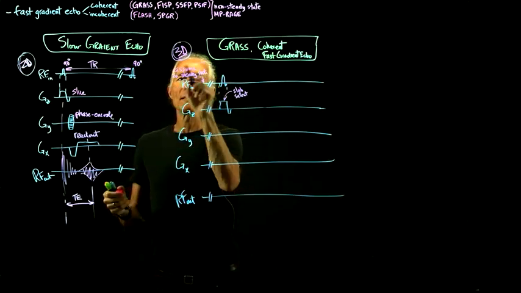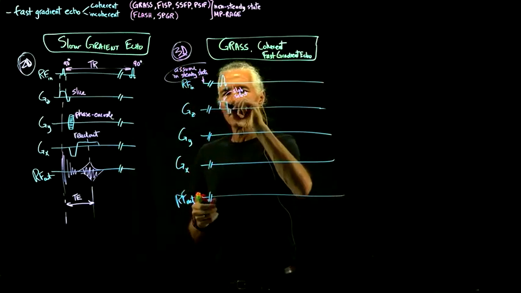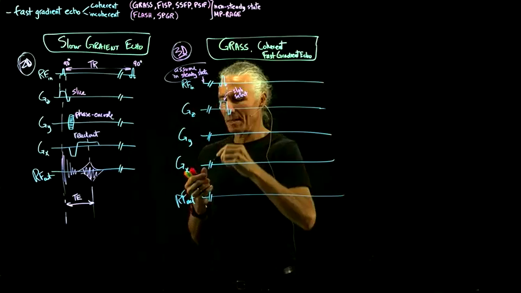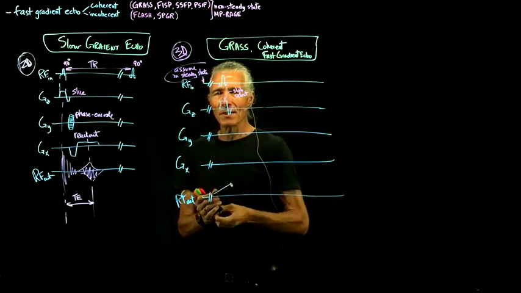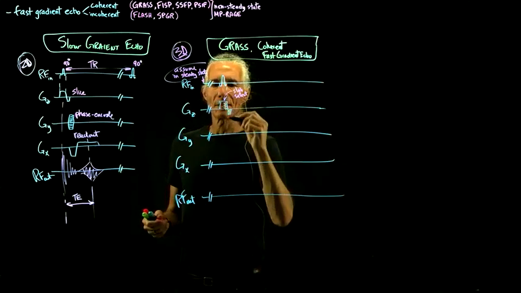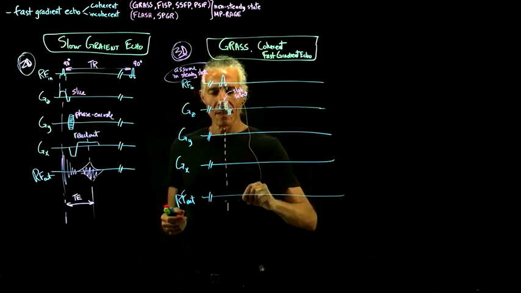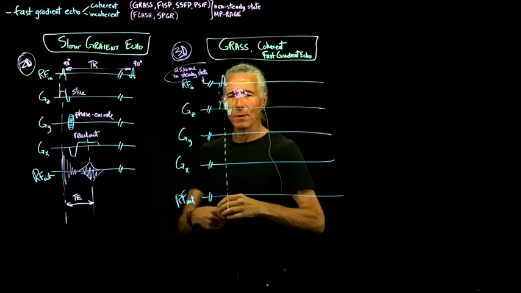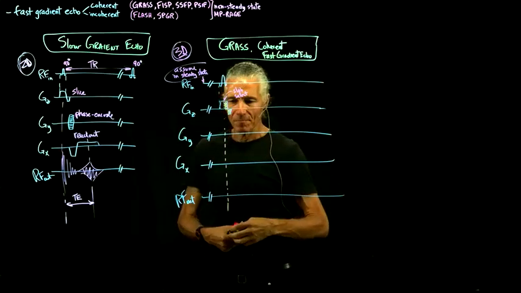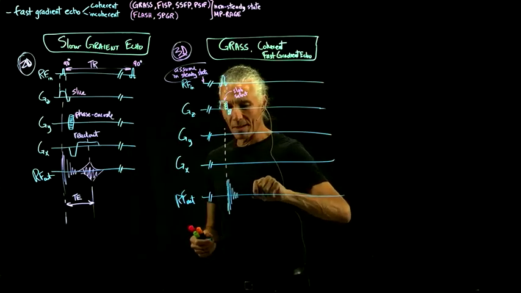And that means that, remember, the reason this little corrector was only half as big in area is that you can think of the RF pulse as having started from the middle of that RF pulse.